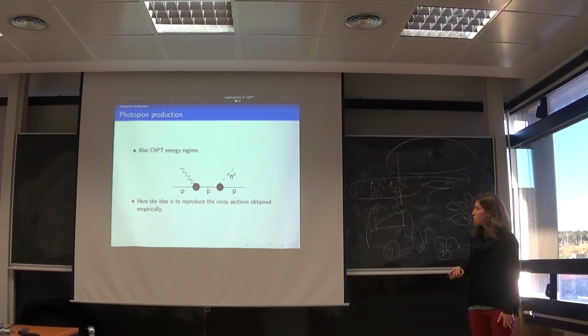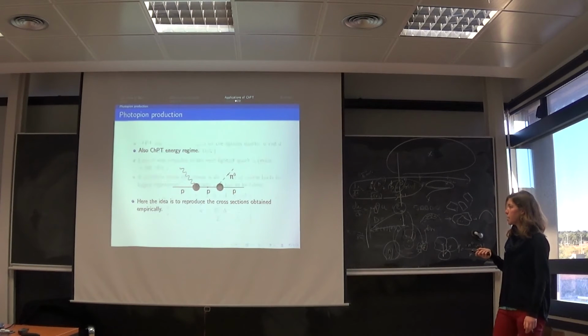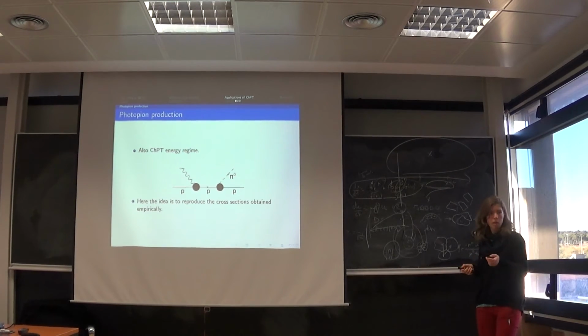Okay, another project I'm working on is photopion production. As the name says, it's the situation where a photon hits a particle and a pion is produced. The channel I'm looking at is the photon going into a proton. Then instead of the Compton scattering where a photon came out again, the energy of the photon is used to produce a new particle, which will be a neutral pion.